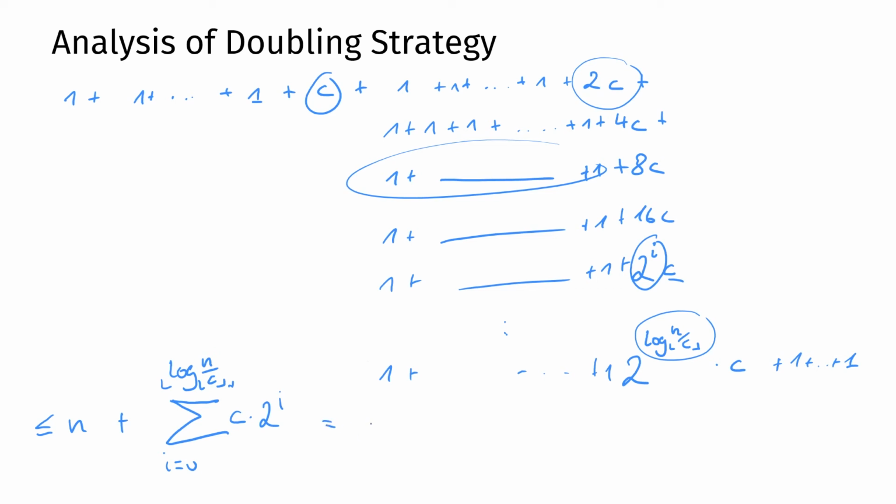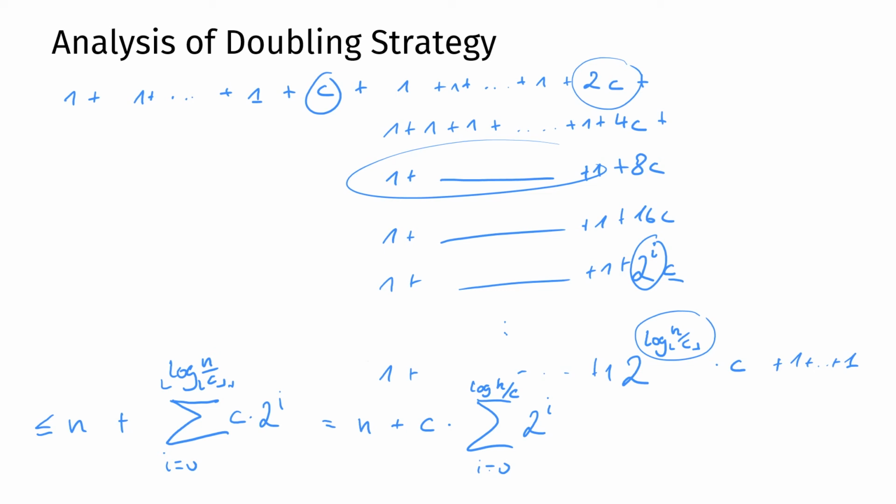So this is n plus c times the sum, i goes from 0 to, let me write it without the rounding just to save space, 2 to the i. Now this is a geometric series with 2 as a base.